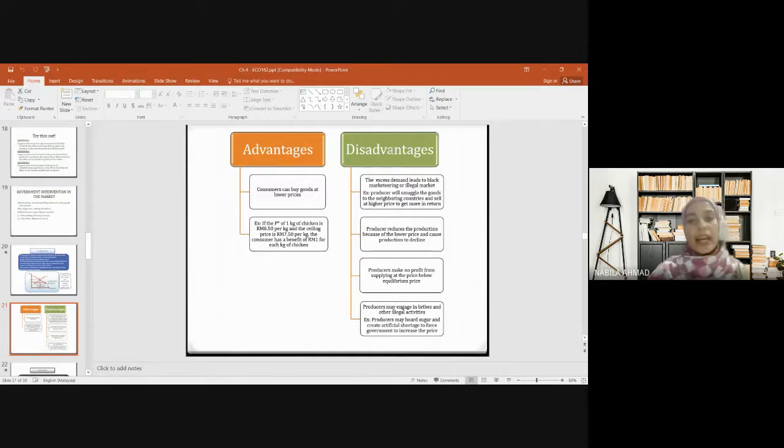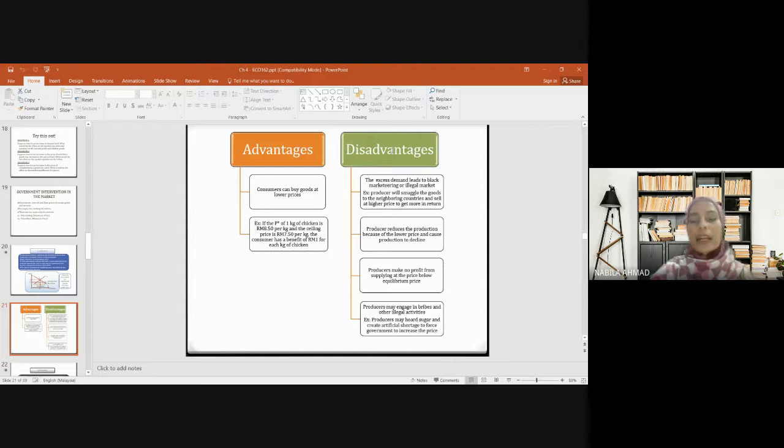Alright. Okay, ada juga keburukan. Keburukannya di mana dia akan menyebabkan illegal market. Black market, illegal market. Contohnya, kalaulah barang itu kalau jual kat Malaysia harga murah, so producer ni dia akan seludup, smuggle the goods to the neighbouring country dan dia jual dengan harga mahal dan dia akan dapat keuntungan. Jadi dia akan menyebabkan shortage in the barang tu, kekurangan lah, shortage in Malaysian market. Alright.